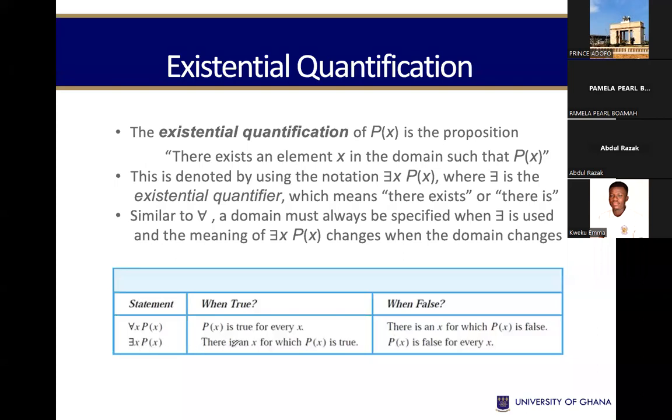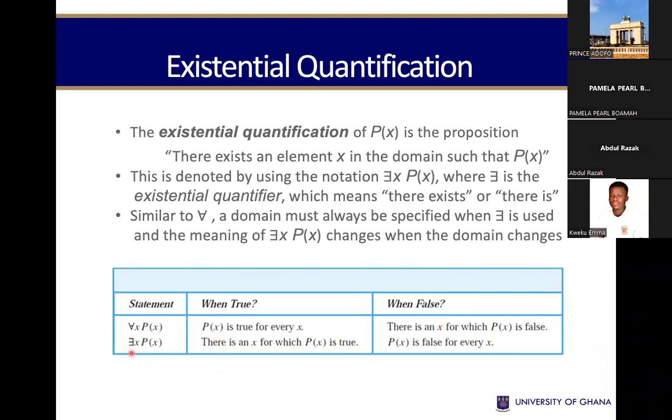When for all x, p of x is false, we can only say that when we have a counterexample. There is an x for which p of x is false, and that x becomes a counterexample. That we don't have an issue with based on the example we saw previously.